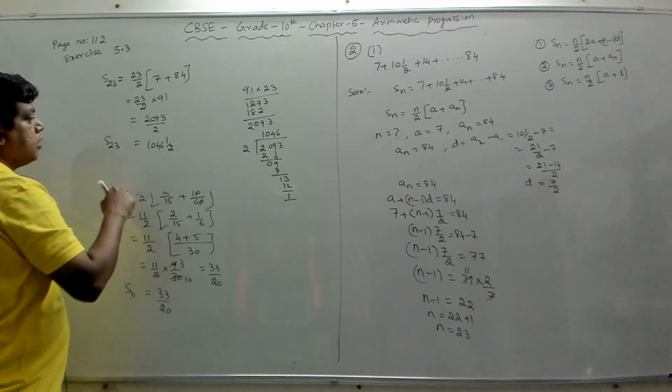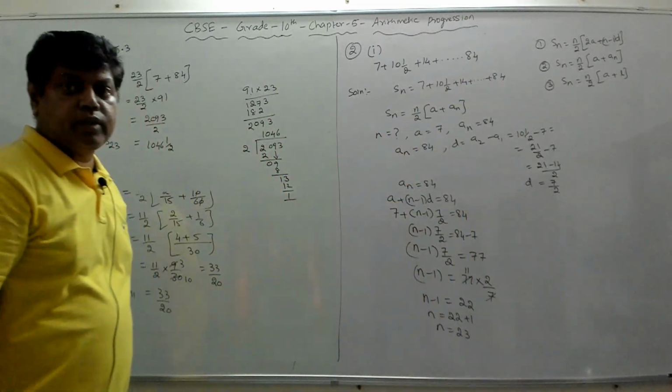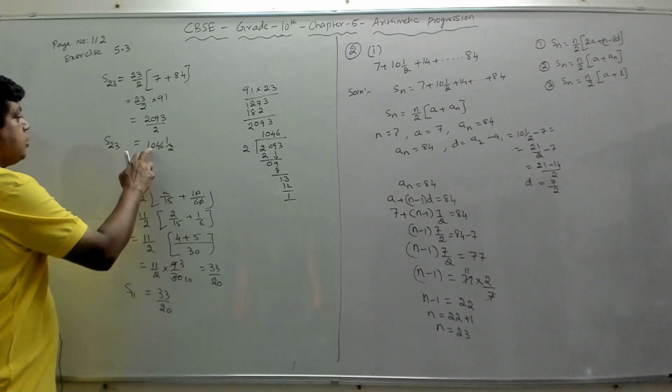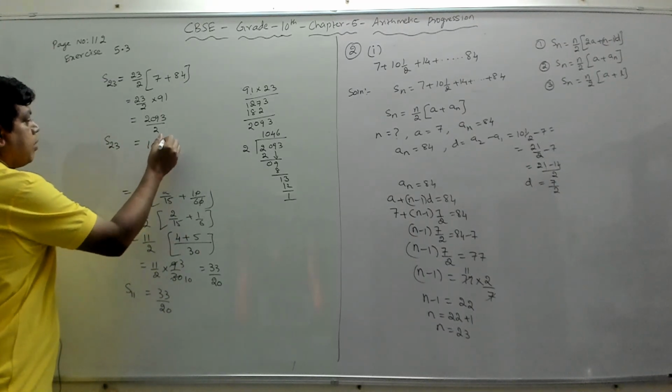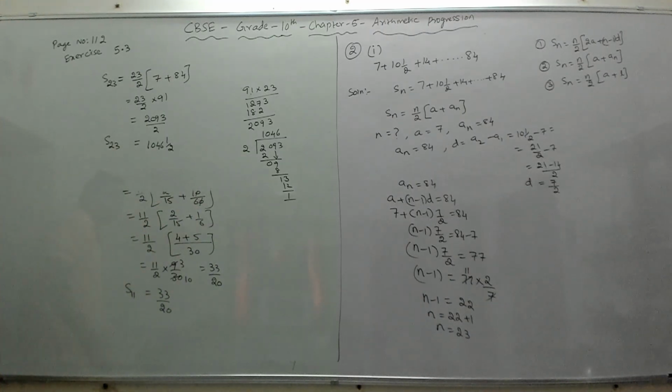So the sum of 23 terms, the sum of this series, is 1046 1 by 2. Fine, all of you can take it.